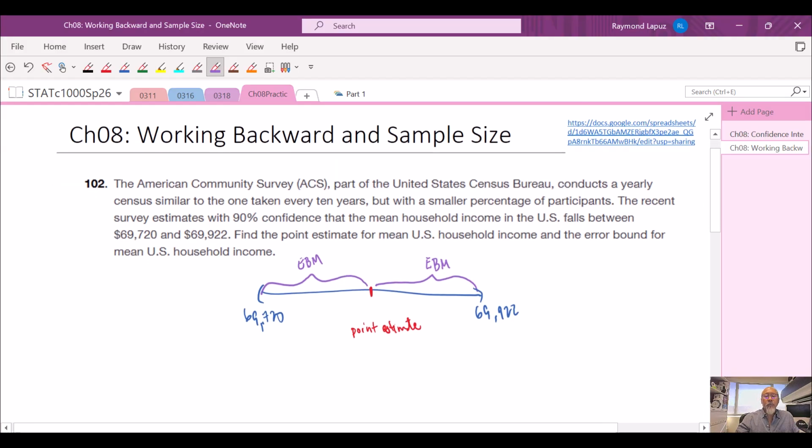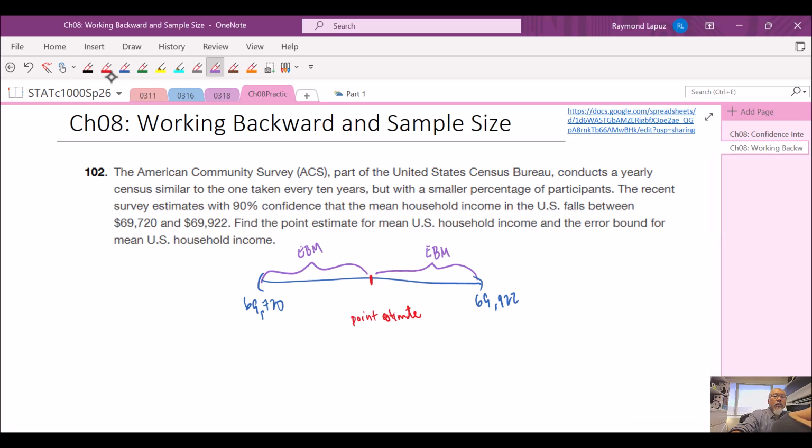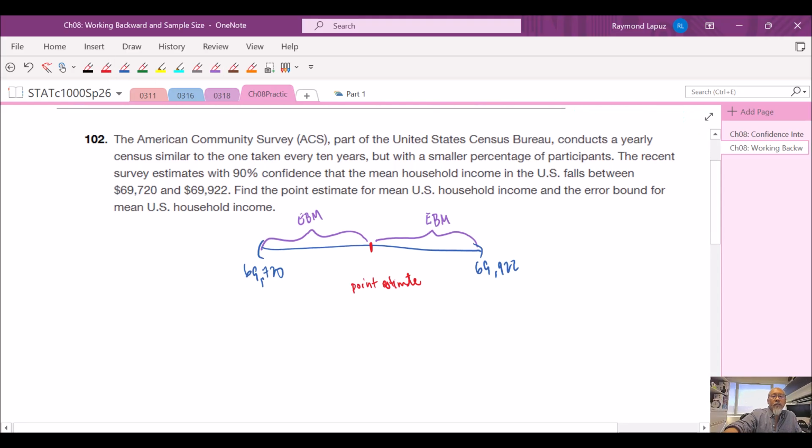Just to give some formulas, the point estimate is literally the middle, the average between two numbers, and you can take average as a mean or median. So the point estimate is equal to the average between these two. You add the min number plus the max number, and you divide by 2. That's easy enough as a formula.